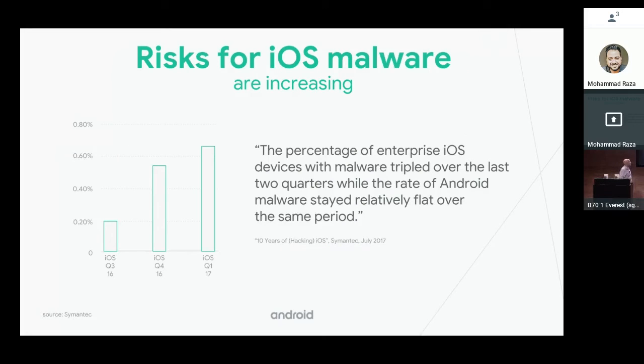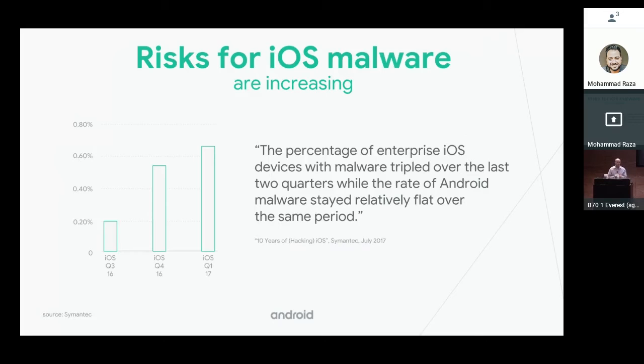Now, the interesting thing here is that a lot of customers come back and say that it's their impression that iOS doesn't have as much malware. But the fact is that iOS has actually been growing in vulnerabilities and growing in malware as a percentage.